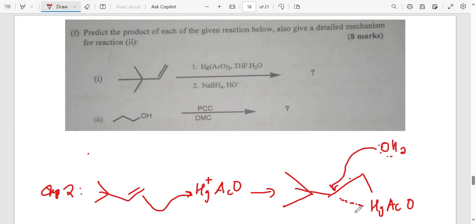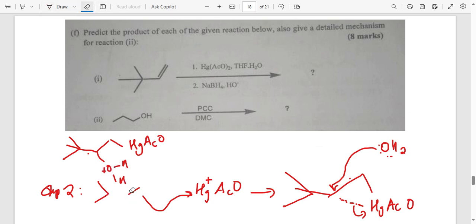And that will fully break this bond which was formed partially at this point. Are we okay so far? Okay.